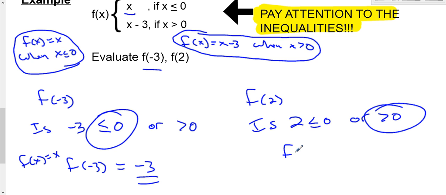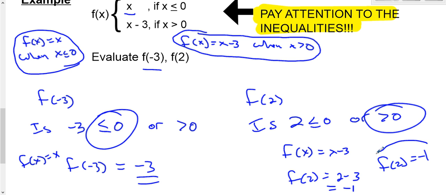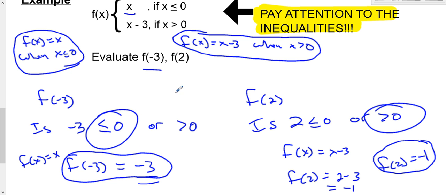So f of 2 is just simply doing 2 minus 3, which is equal to negative 1. So f of 2 equals negative 1. So these are our answers from evaluating f of negative 3 and f of 2.